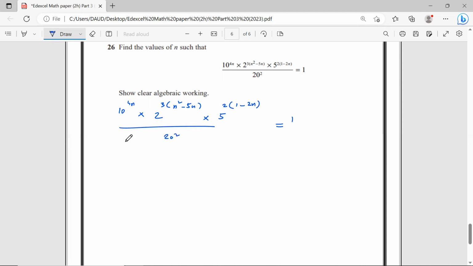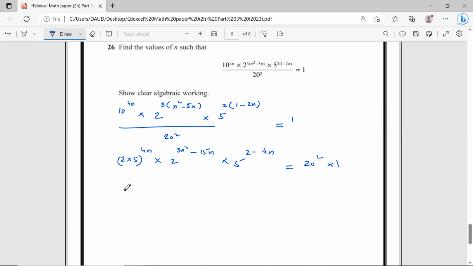So 10 is a multiple of 2 and 5. So we can say that (2 multiply 5) whole power 4n, and here you can multiply 3 inside. So it is 3n squared minus 15n, and multiply 5 power 2 minus 4n is equal to 20 squared multiplied by 1.